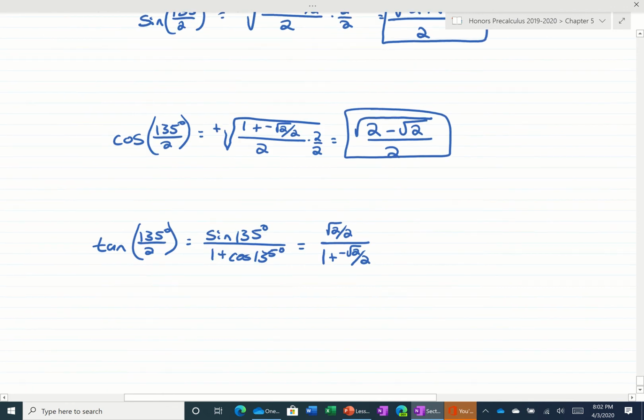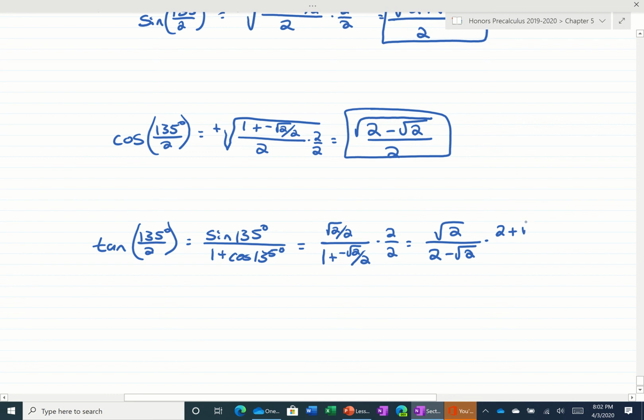And then this last one, if we multiply top and bottom by 2 over 2, this gives us root 2 over 2 minus root 2. And then to finish, we would multiply by the conjugate, right?